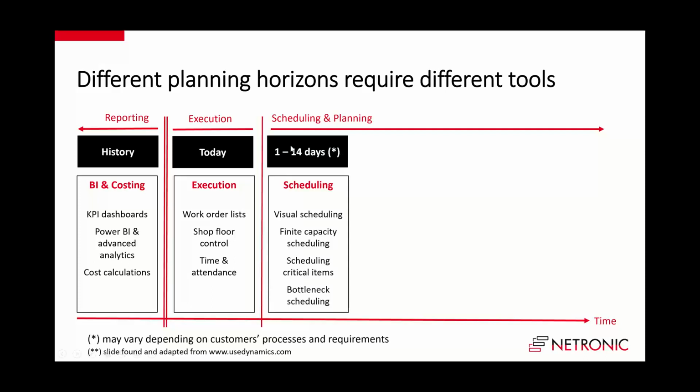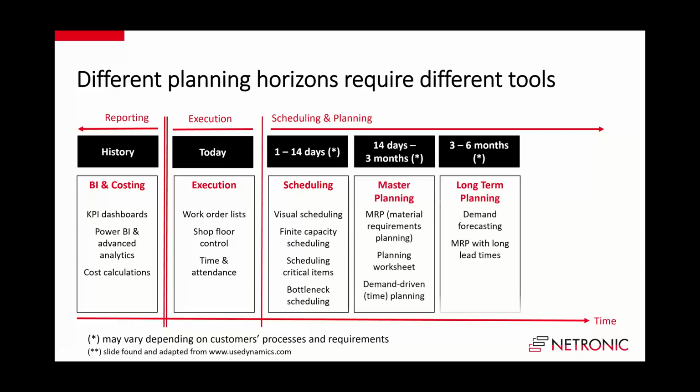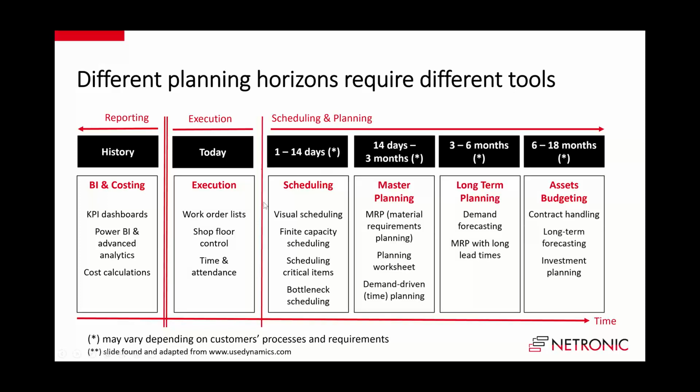With scheduling software, when it comes beyond today, you can differentiate even more time frames. You can say, okay, there is a period of time that comes after today where I really want to have an operational schedule for my shop.